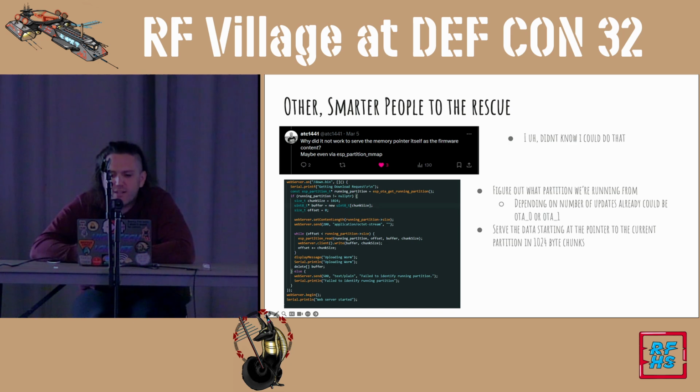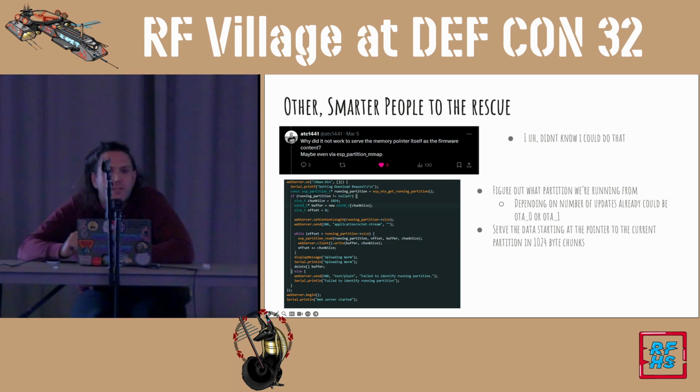One of the key things here is that we need to reference the firmware from the partition that we're running. We can't just hard code in, oh, read the code from OTA 1 or OTA 0. Every time you do an OTA update onto an ESP32, you're going to change the partition that the active sketch is being run from.